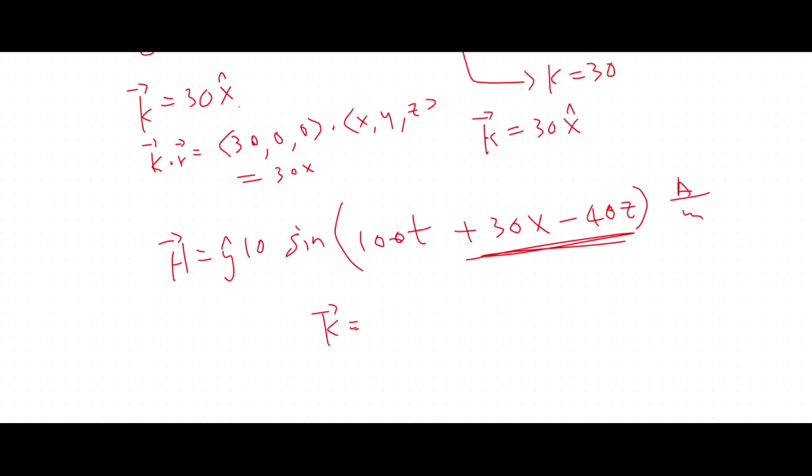So this is minus 30 x hat plus 40 z hat. Make sure you know when to put the hat and when not to. It makes a huge difference, the meaning is totally different. Then on the y, the E field is the same no matter what point. So far, so good.